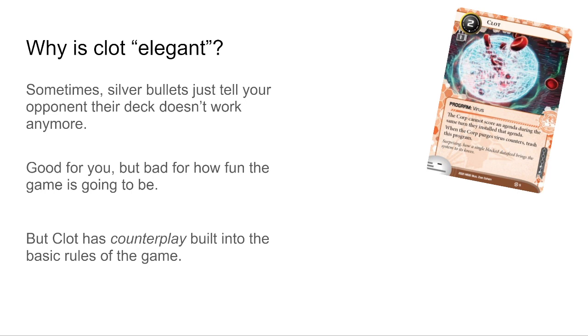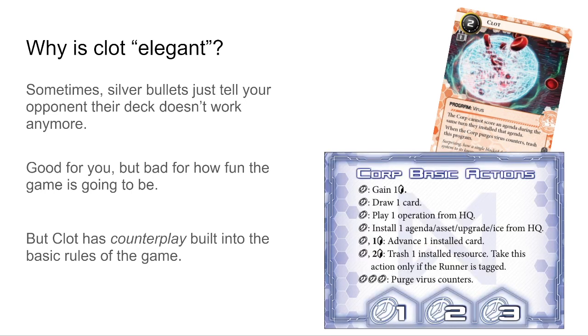And Clot does say that. It says you can't fast advance, but it has built-in counterplay, just built into the basic rules of the game, because you can always purge virus counters to remove Clot from the table.